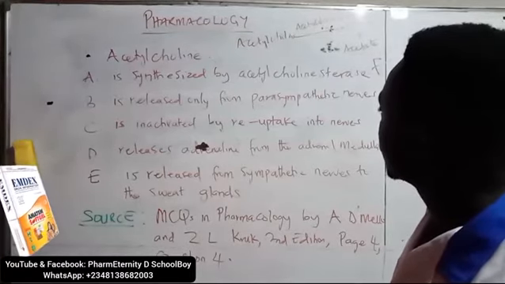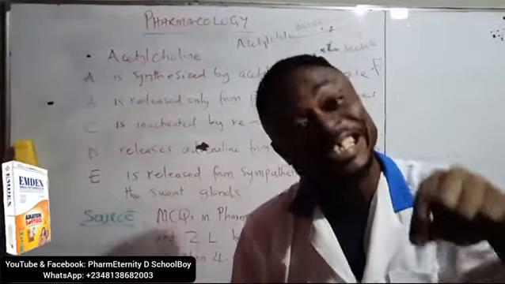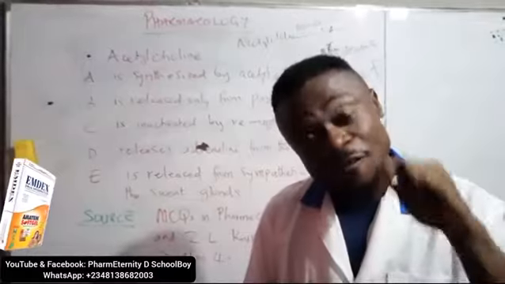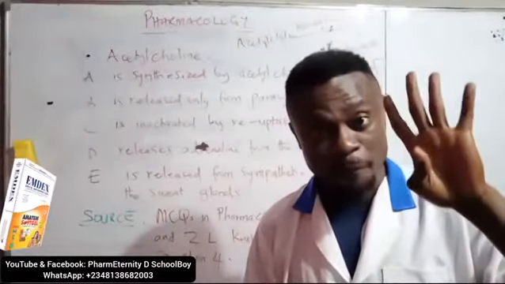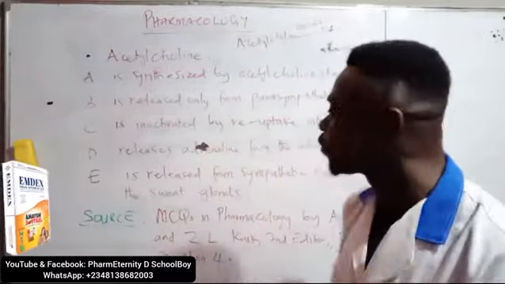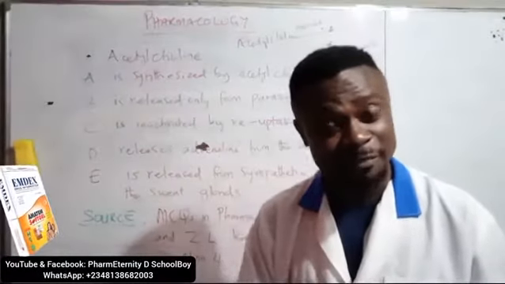Acetylcholine is also released from voluntary nerves to skeletal muscles. That is number 4. So acetylcholine is not only released from parasympathetic nerves.